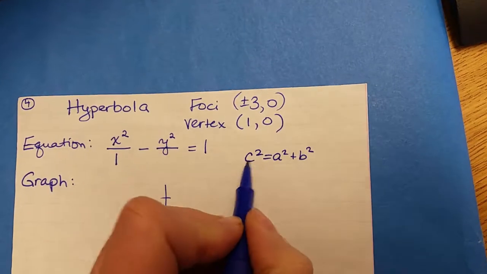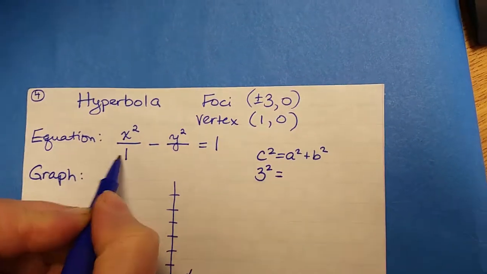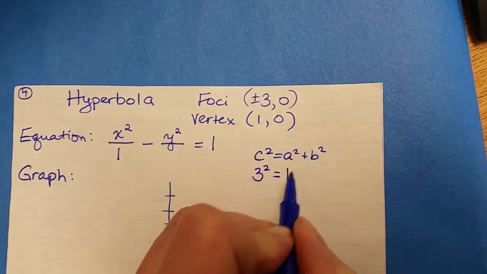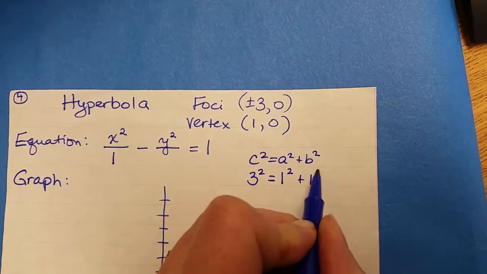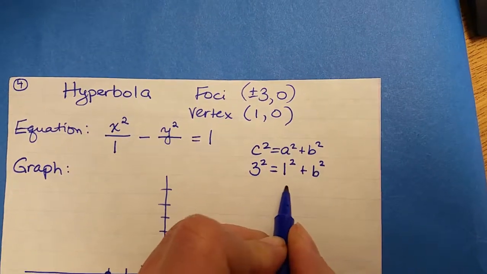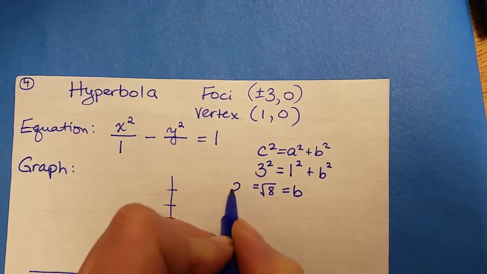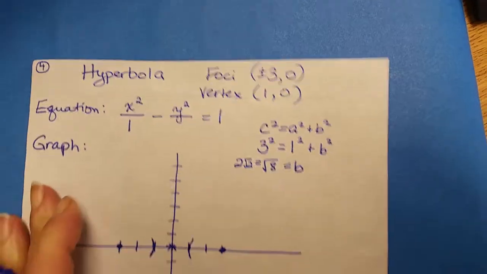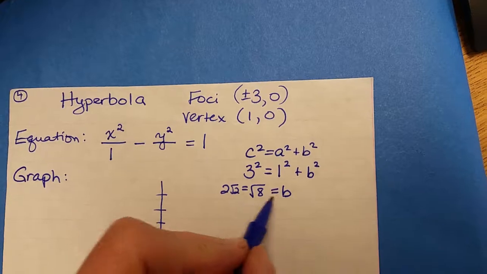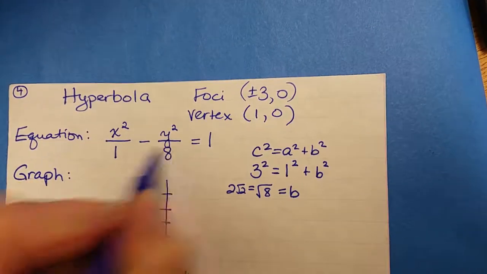So here our focal distance is 3, and we'll make a be the major player here, and then we'll solve for b. All right, so what we've got here is 9 equals 1 plus b squared, so b is going to be equal to the square root of 8, or 2 times the square root of 2, depends on how your teacher likes you to write it. And b squared is what goes under the y value here, so that will be the 8.